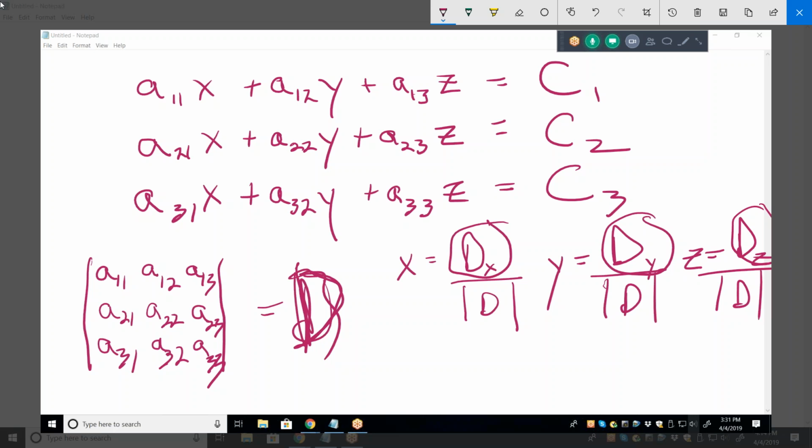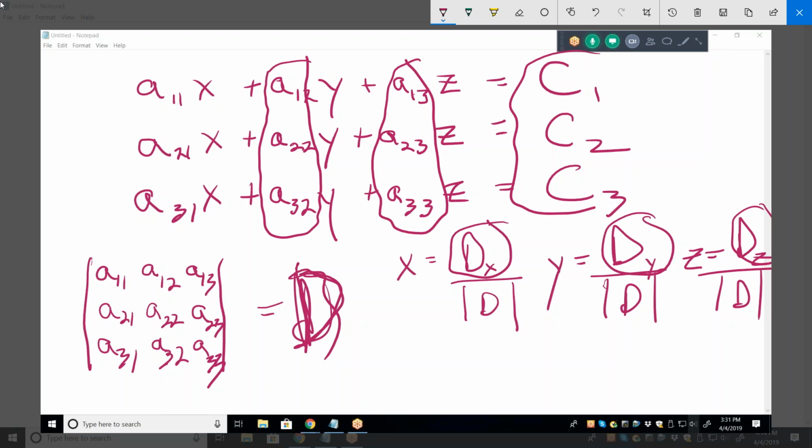In other words, it's going to be a determinant based on those, and those. dz is going to be based on the first column of coefficients, the second column of coefficients, and the column of constants.